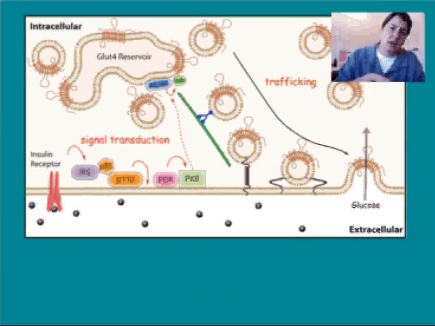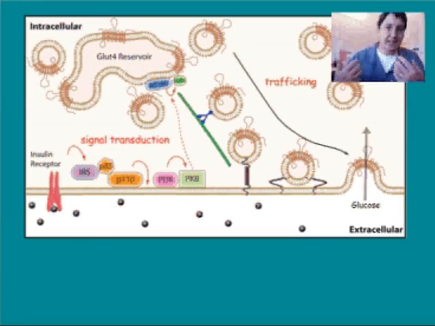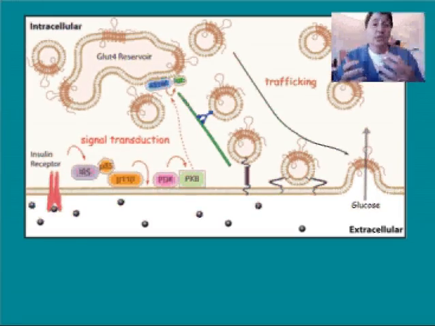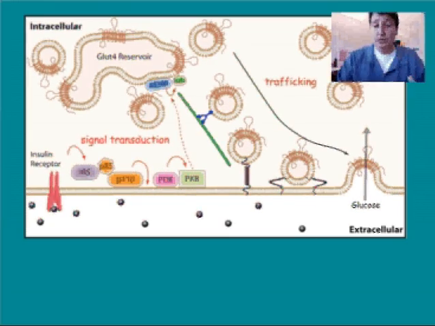So you have the upregulation of protein kinase B. Protein kinase B goes and activates another molecule called AS160. That allows for the transport of the GLUT4 containing vesicles from the GLUT4 reservoir to the plasma membrane.